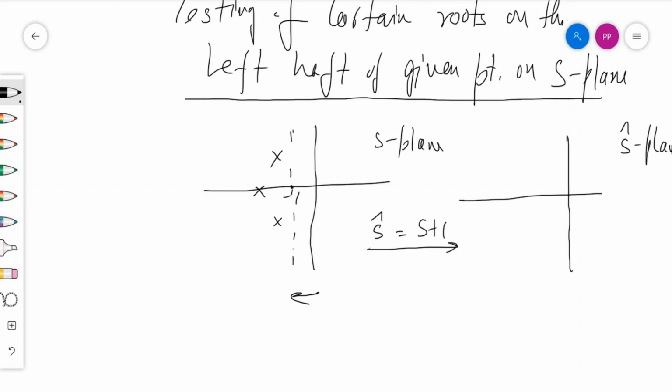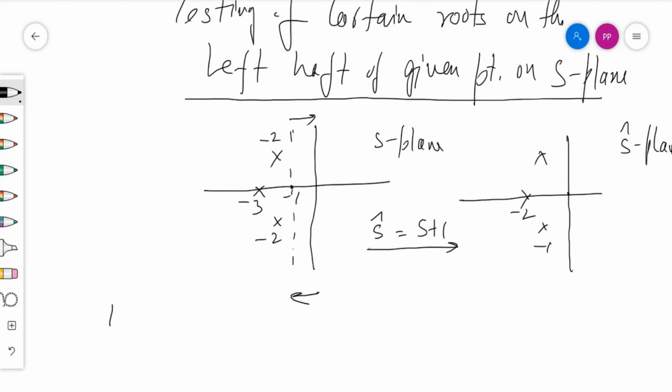So by adding +1, I am shifting all the values to the right by 1. Then -1 will shift to the origin. Suppose these points are -2 and -3, then -2 will become -1 and -3 will become -2. So that is how we should perform the shift of origin to solve such problems.